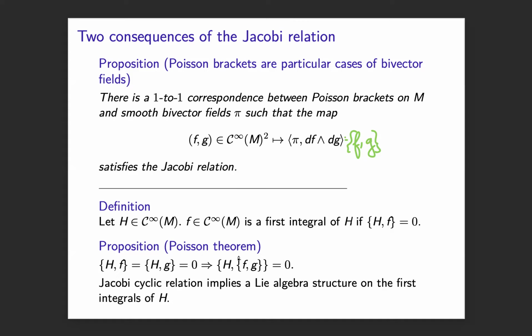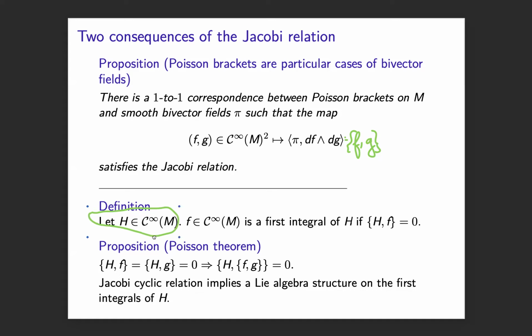Precisely, we take H, a smooth function on M. F is a first integral of H if the bracket of H and F equals 0. In this case, we say that H commutes with F.